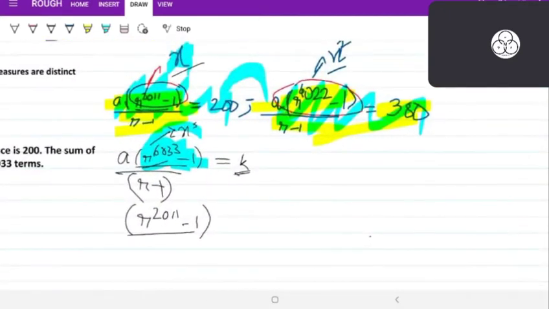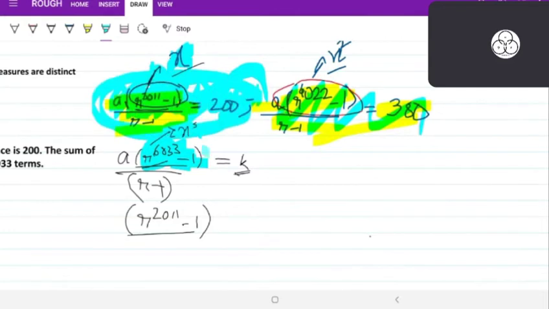Now the step is very simple. Again, divide the first equation by this equation. What terms will be cancelled? This a will be cancelled, this r minus 1 will be cancelled, and what will remain is this R to the power.